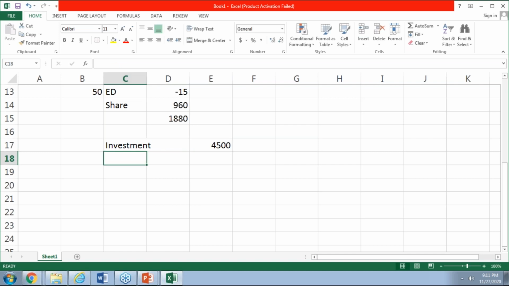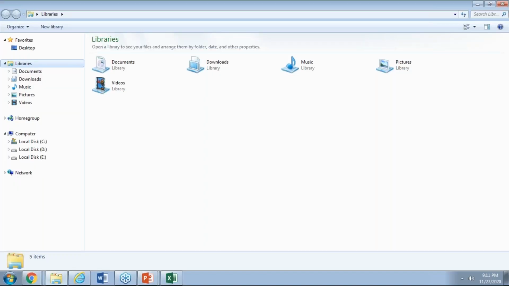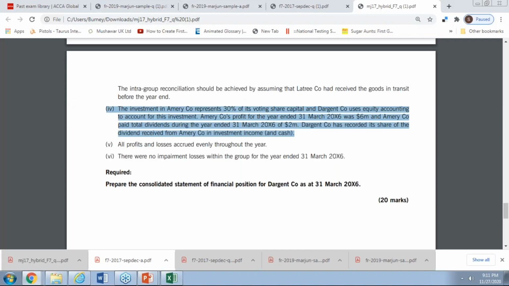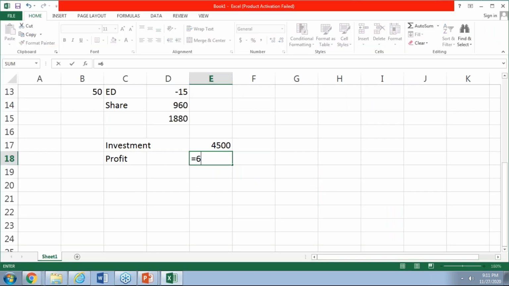And in the post-acquisition period, the associate company has earned a profit of 6 million. So 6,000 into 30% share will be allocated in associate company.